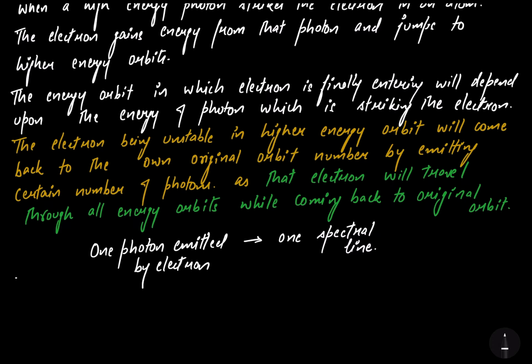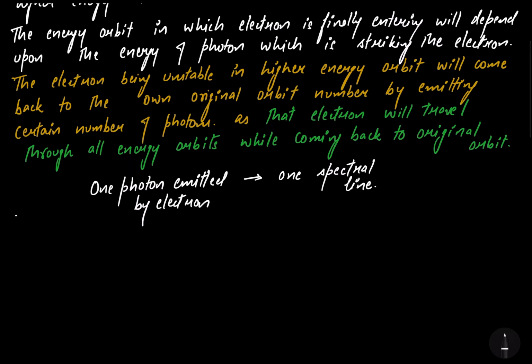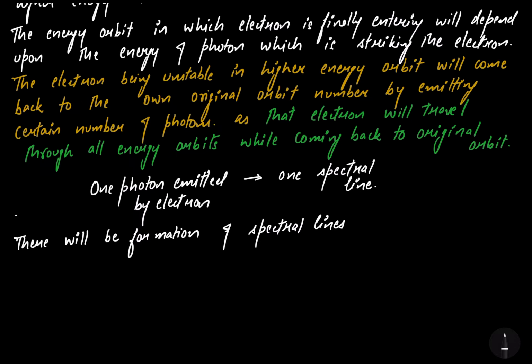So in the next line, in a paragraph, I'm writing: there will be the formation of spectral lines due to the emission of photons by electron.